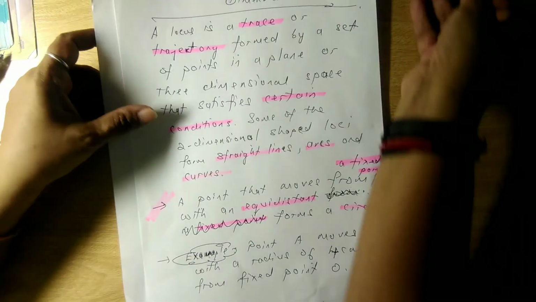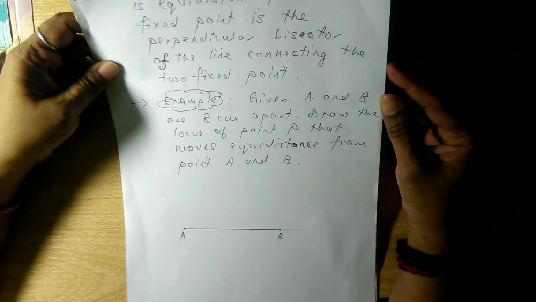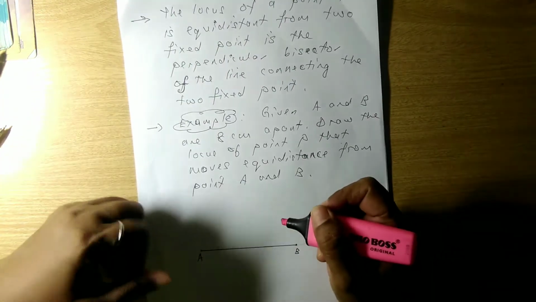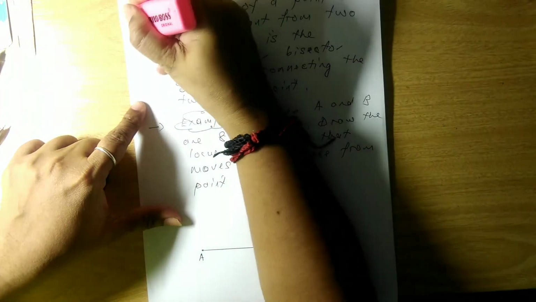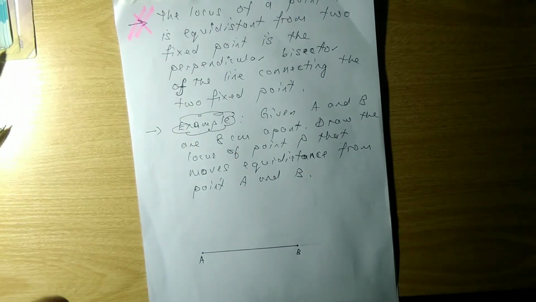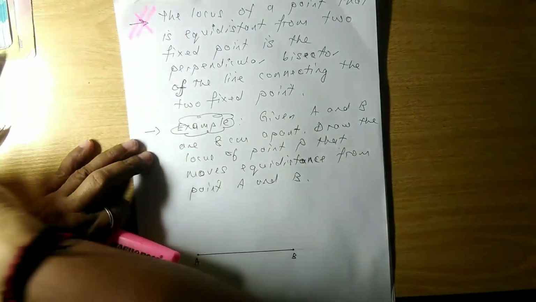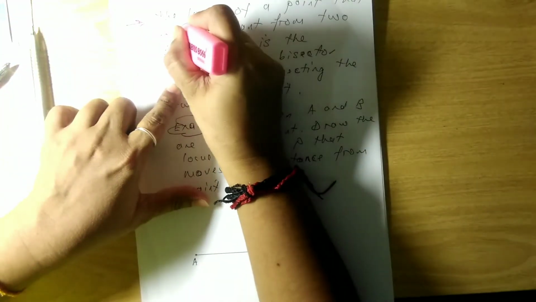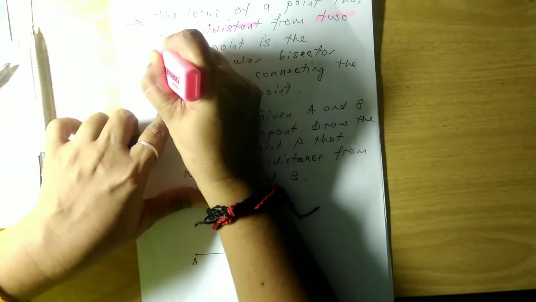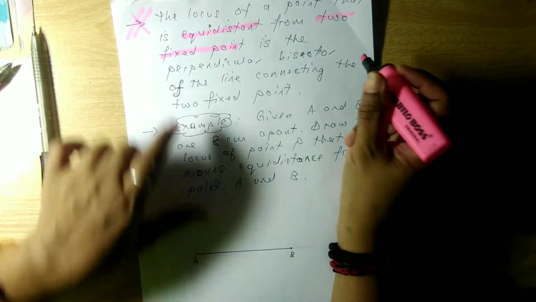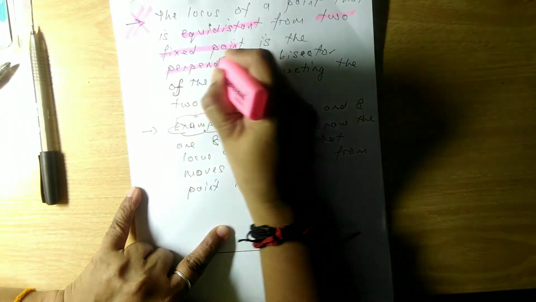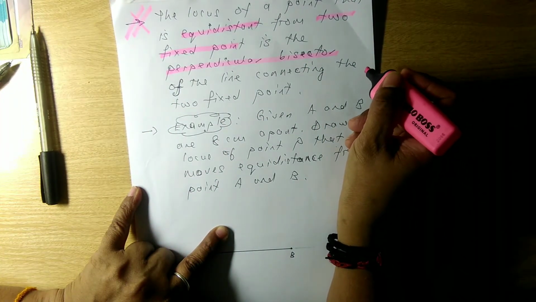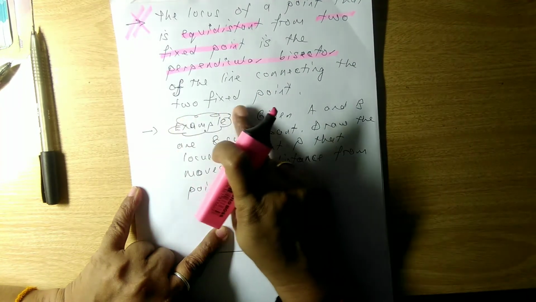There's one more. The second locus will be a locus of a point that is equidistant from two fixed points. It is a perpendicular bisector to the line connecting the two fixed points.